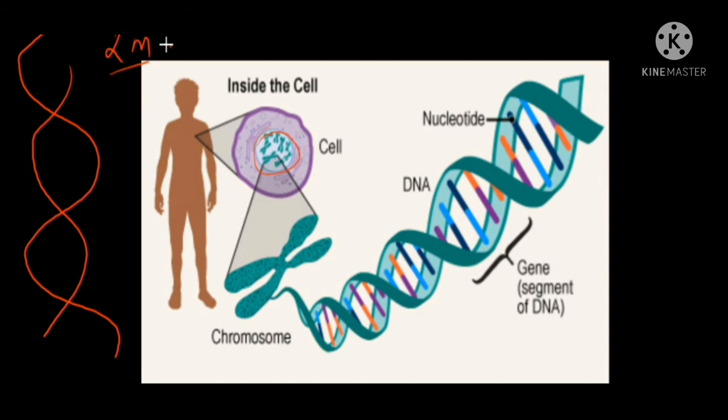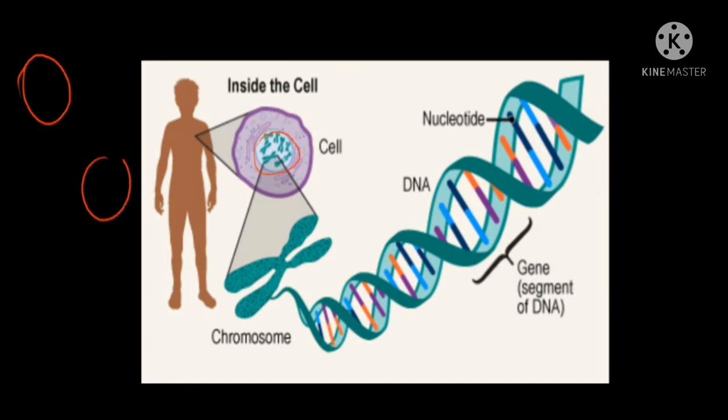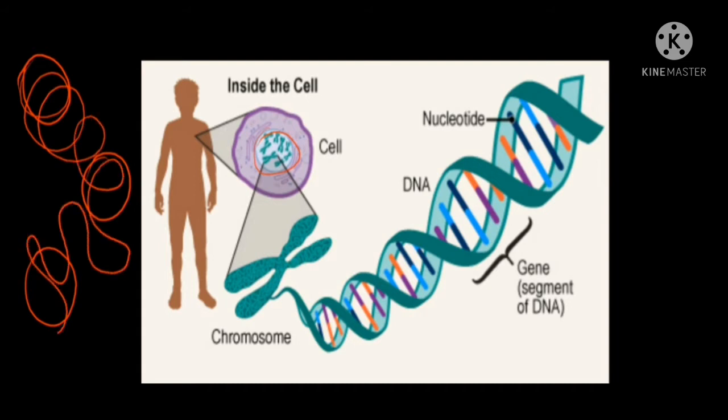So in order to occupy less space, it is intertwined around histone proteins. These are histone proteins. DNA is intertwined in such a manner that it forms a coiled structure which we see inside a nucleus as a chromosome. This was the basic difference between a chromosome and a DNA.